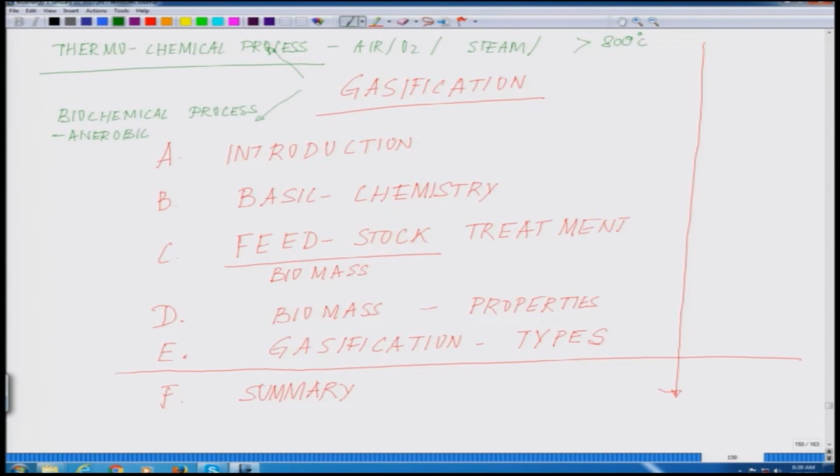Anaerobic means microbes which grow in the absence of oxygen, and could carry out the reaction at an ambient temperature, which is around 35 or 37 degrees centigrade. So, the process is called anaerobic digestion. We haven't yet touched upon this point, we will be coming to it later.